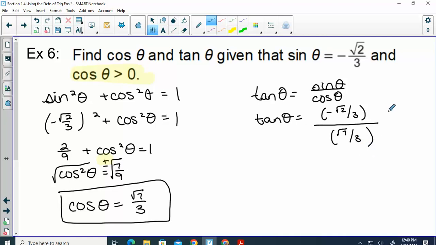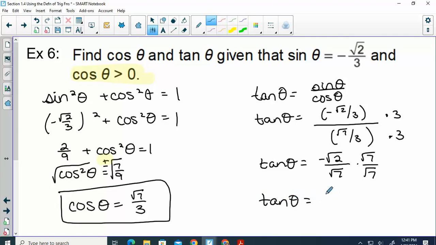Okay. So we have to get rid of the fraction in the fraction. We have two options. We can flip and multiply, or we're going to encounter these things a lot in trig. Sometimes I tell people it's easier, you can multiply the top and bottom of the fraction by the same thing. What would I probably want to multiply by? If I take top and bottom both times 3, it gives me negative radical 2 over radical 7. Get the radical off the bottom. So negative radical 14 over 7.